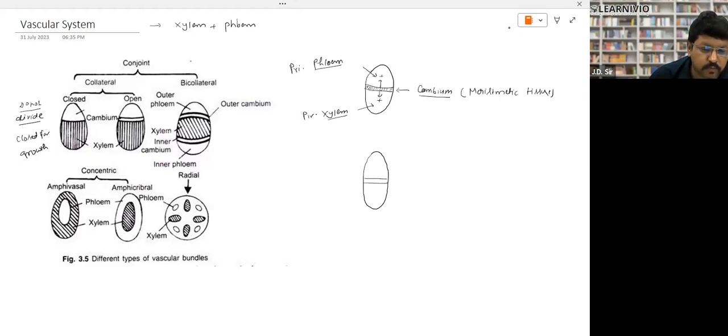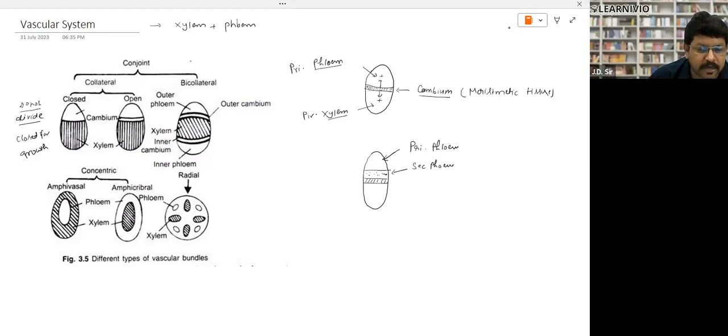Because of division, cambium will add some cells over here. The portion already present is called primary phloem, and when it divides, it will add secondary phloem.